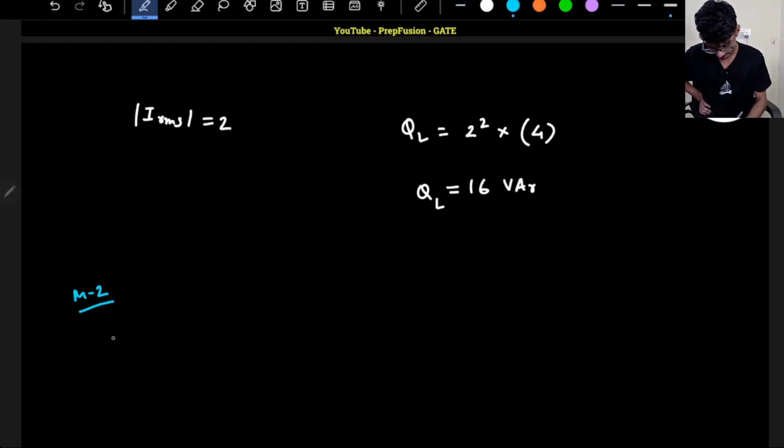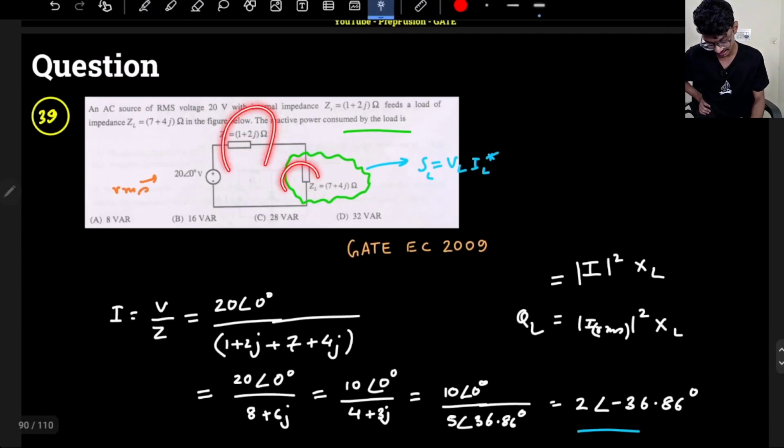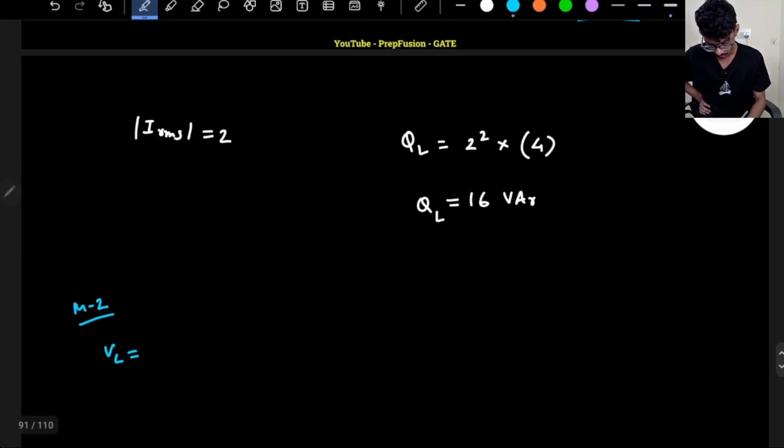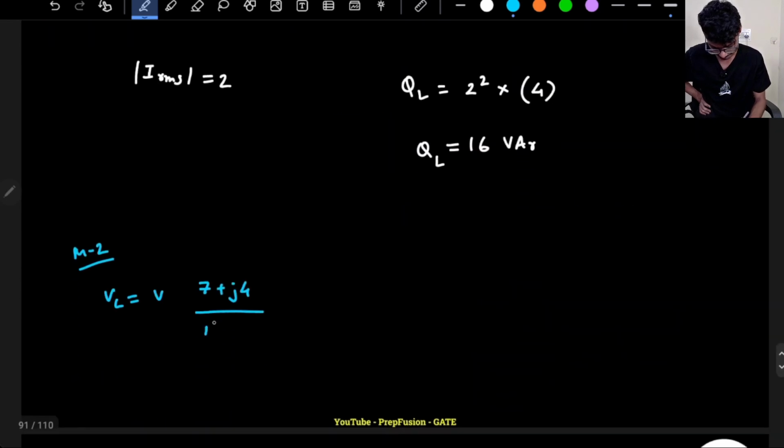VL will be the voltage. Simply, this is a series circuit, so it is the voltage division rule. So it will be V input into 7 plus j4 divided by 1 plus j2 plus 7 plus j4.